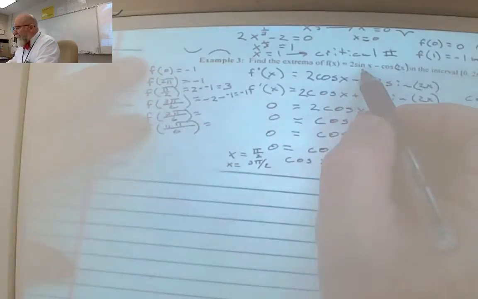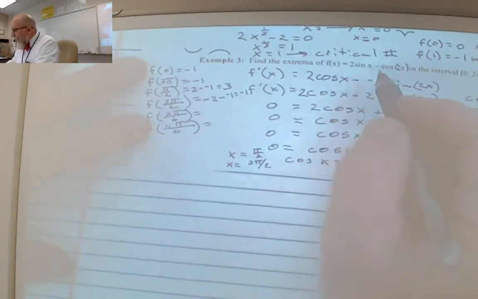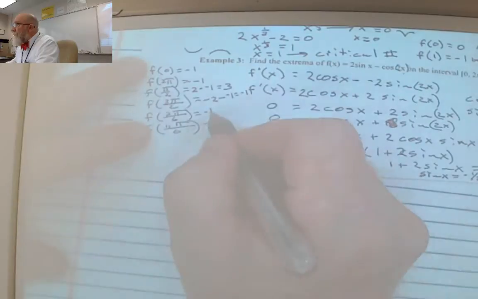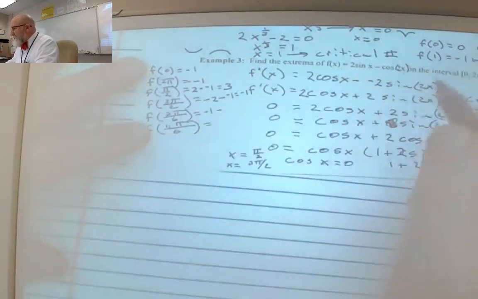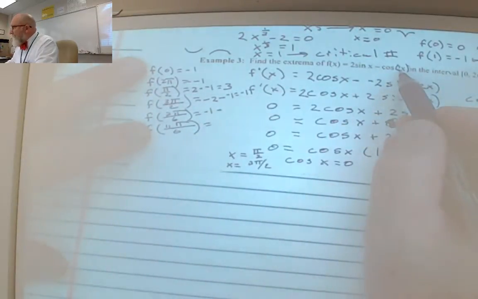Seven pi over 6. Sine of 7 pi over 6. The negative 1/2 times 2 is a negative 1. Minus. All right, here's the tough part. 2 times 7 pi over 6 is 7 pi over 3. 6 pi over 3 is 2 pi.